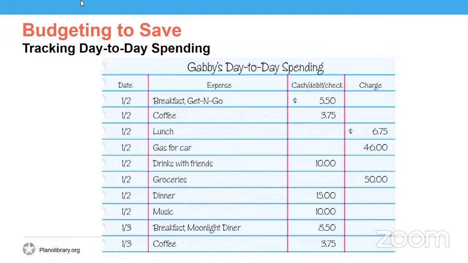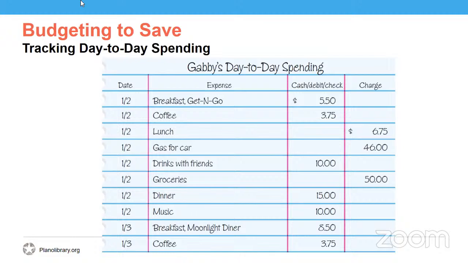This includes everything you spend money on, whether it's using cash, check, or debit or credit cards. Even if it's just spending loose change in a vending machine for something, it doesn't matter. Track it. So here we see Gabby, one of the other characters.